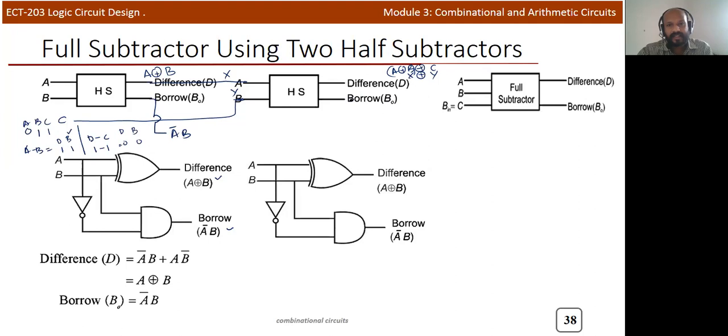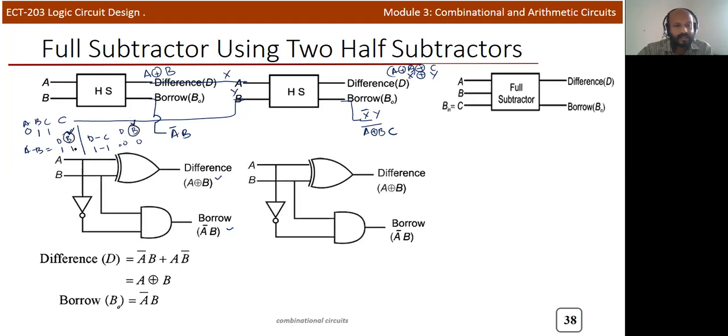And in the second case, if your X and Y are the input, you need to write X bar Y. So in this case, X is equal to A XOR B, so you need to write A XOR B whole bar, Y is equal to C. So you can write A XOR B whole complement into C. Okay, you got 2. So either the first borrow is equal to 1 or the second borrow is equal to 1, the output should be equal to 1.